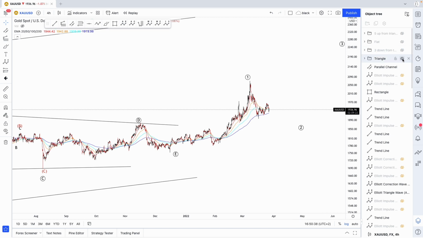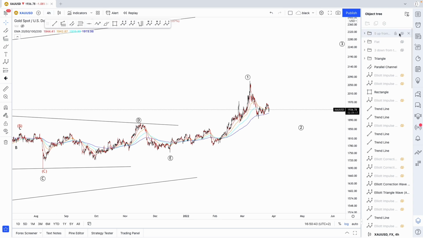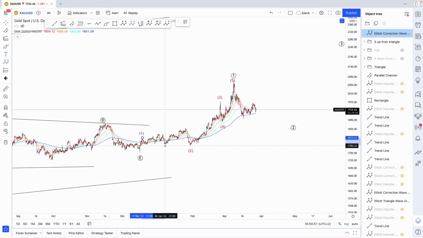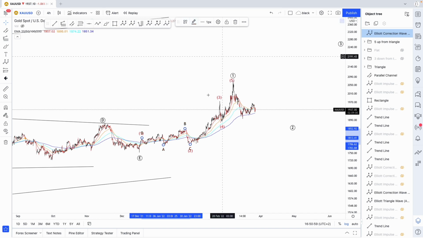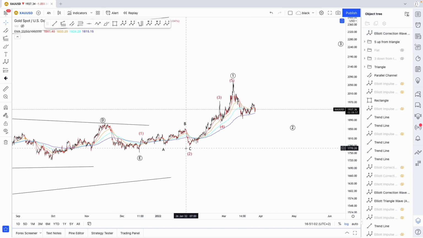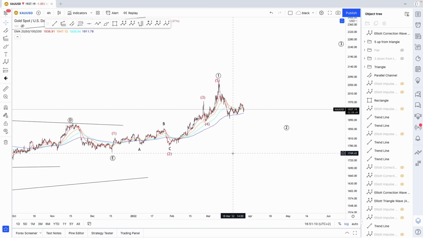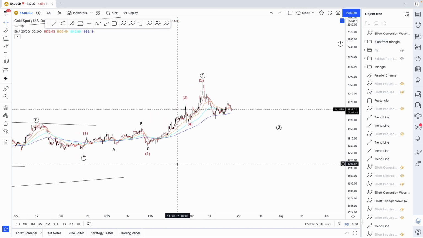Here we are. So, 4-hour chart, as we can see here, we have 5 waves up into wave 1. Now, the nice thing about this is we would have wave A, B, and C of intermediate 2, and obviously this would be a nice extended flat, and wave 4 would be much more simple, at least in terms of time duration, and as we know, that fits the rule of alternation.